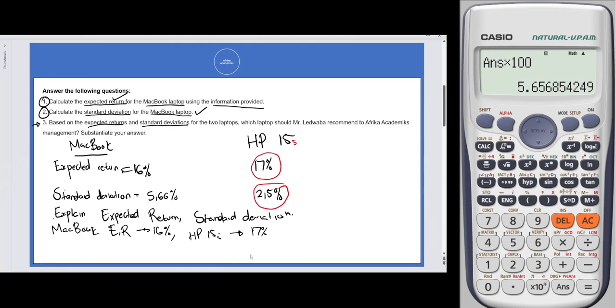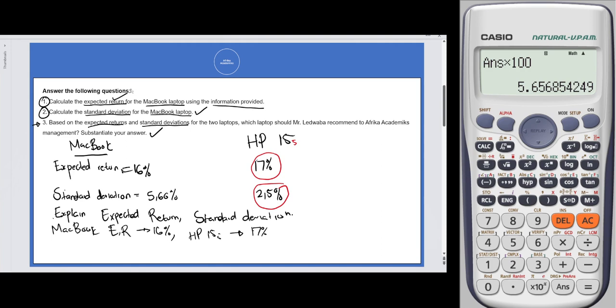And then the HP 15S is still superior even in this case. So Mr. Ledoba must recommend the HP 15S because it has a higher expected return and also a lower standard deviation. And then you will be done with the question.